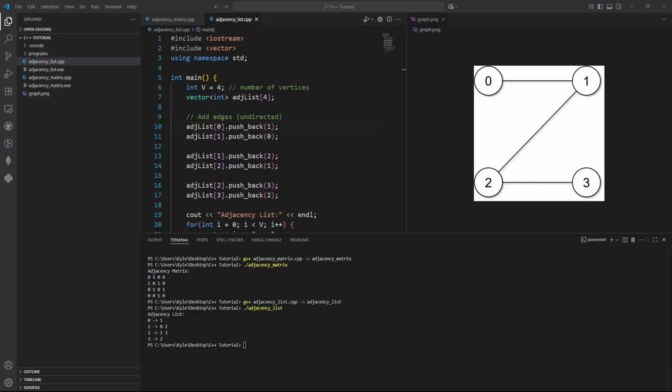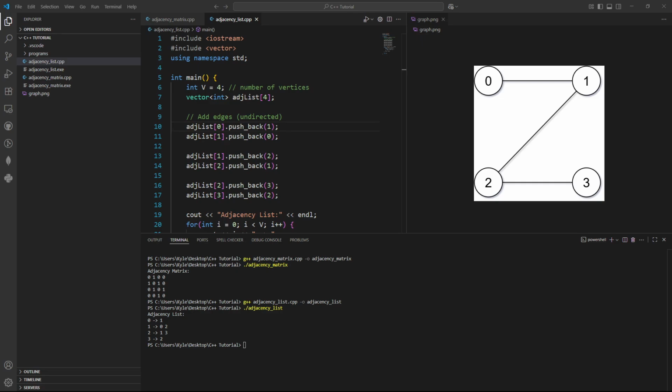Before we go, let's go through some key takeaways from this video. First of all, a graph consists of vertices or nodes and edges or connections. An adjacency matrix representation is very simple, but it takes up a good deal of space. However, in terms of time complexity, quick edge lookups are a plus.